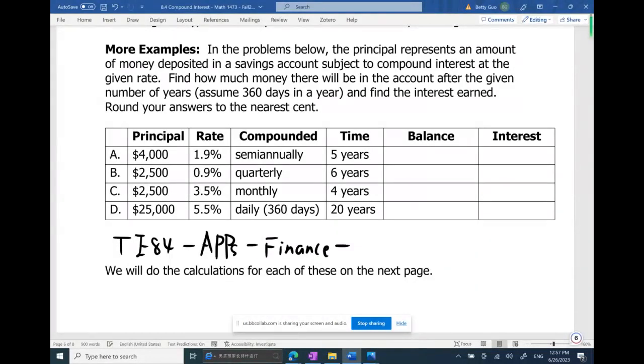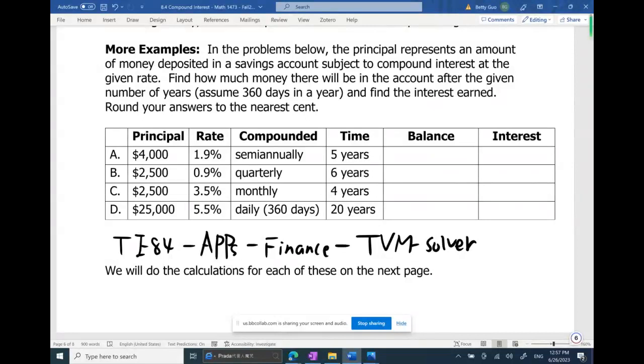In the finance app of the calculator, we have a time value of money solver. Okay, so we are going to use that function in the calculator to process the compound interest problem.